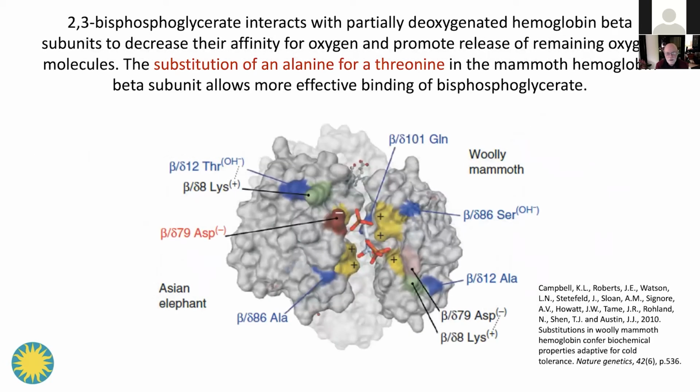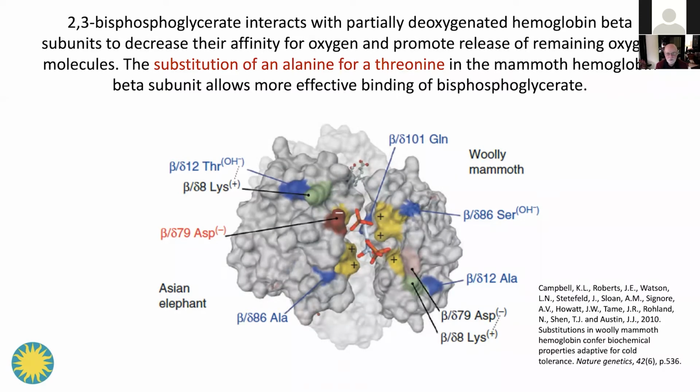And so they were able to obtain mammoth hemoglobin DNA. And from that DNA, they predicted the sequence, and they were able to synthesize mammoth hemoglobin in the laboratory.